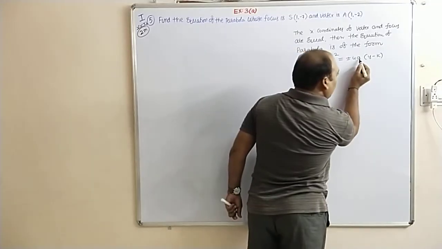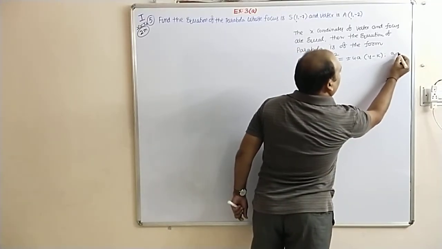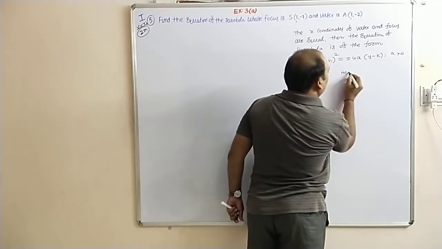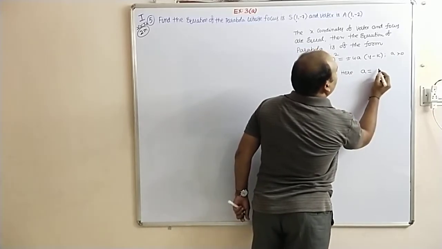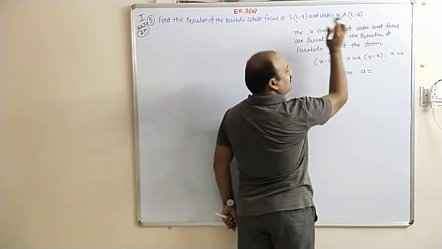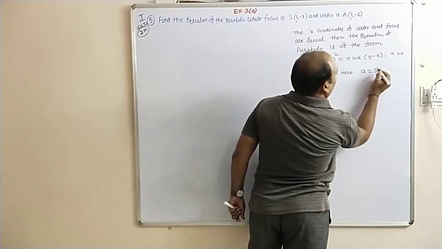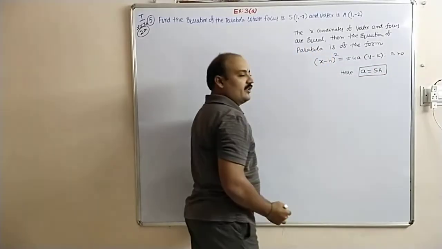Here a indicates small a, where a is greater than 0. Here small a equal to the distance between vertex and focus, SA or AS.